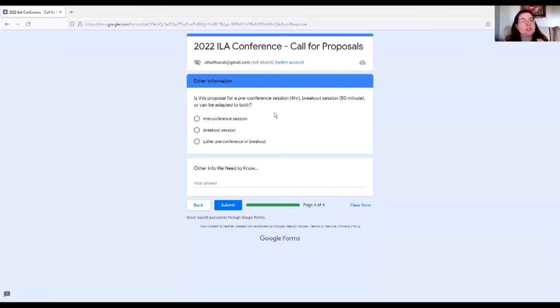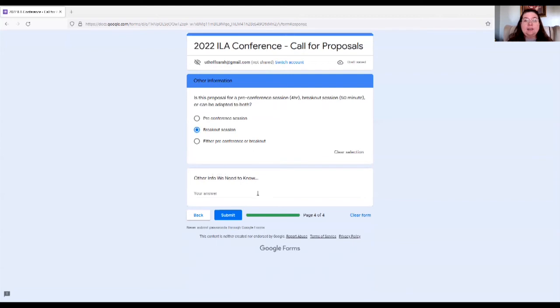A breakout session is just the normal sessions you attend during conference. And sometimes people want to know, to fill out the schedule, we may have more need of one or another. So if you're willing to do either, you have a better shot at being selected. I am actually just going to do a breakout session here.